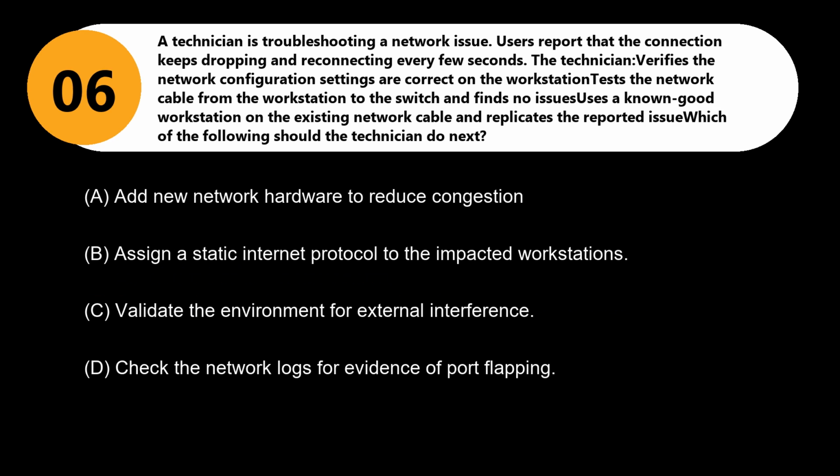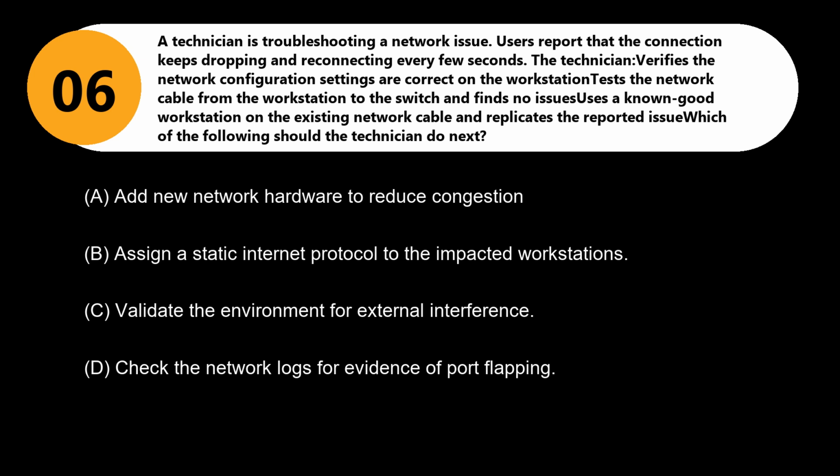Question 6. A technician is troubleshooting a network issue. Users report that the connection keeps dropping and reconnecting every few seconds. The technician verifies the network configuration settings are correct on the workstation, tests the network cable from the workstation to the switch and finds no issues, uses a known good workstation on the existing network cable and replicates the reported issue. Which of the following should the technician do next?